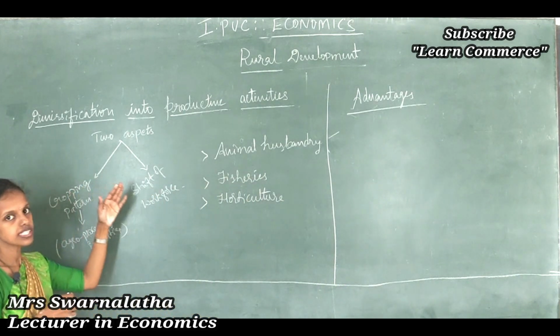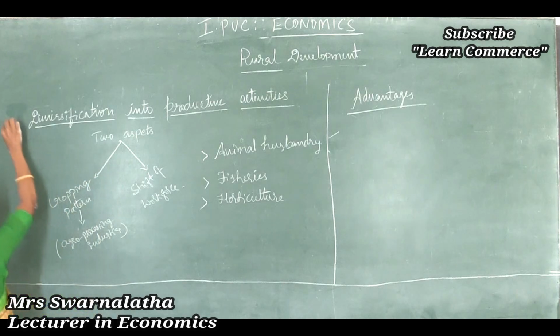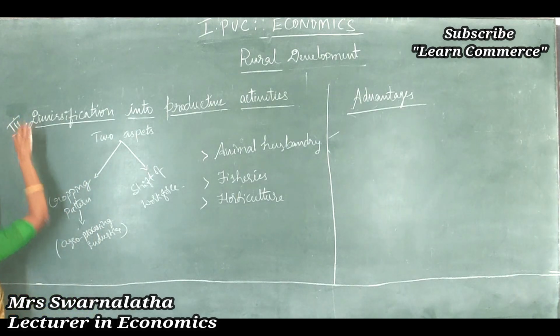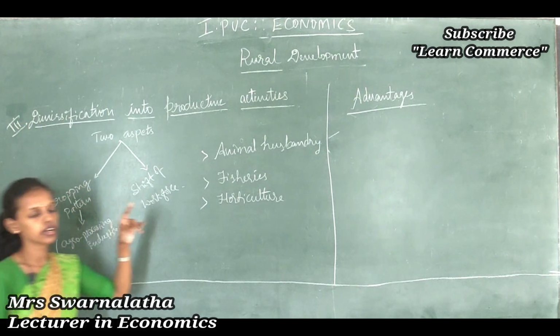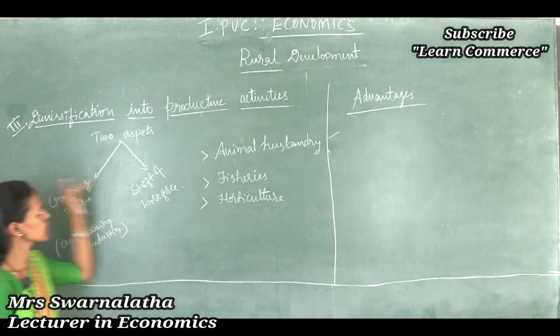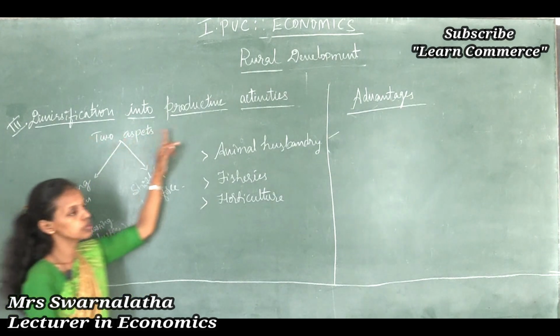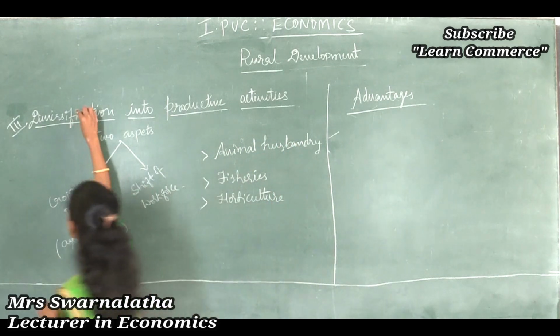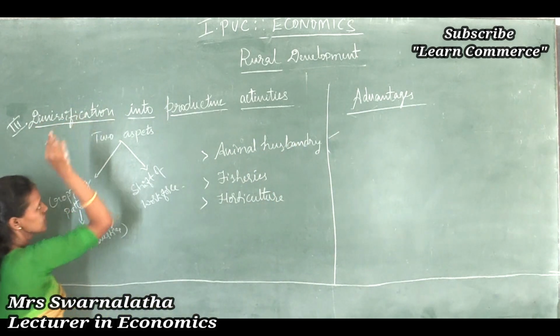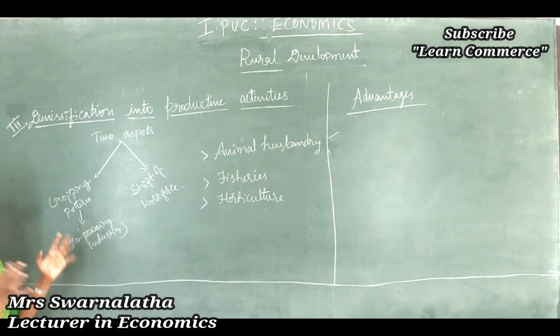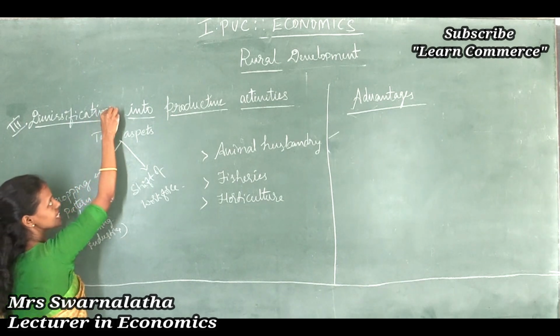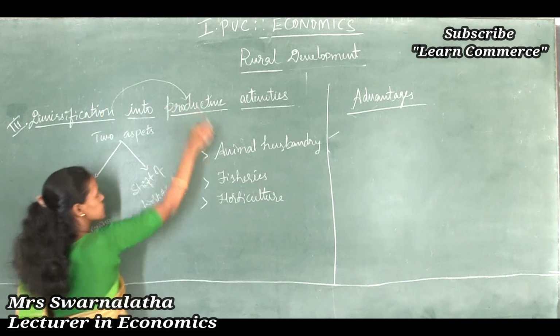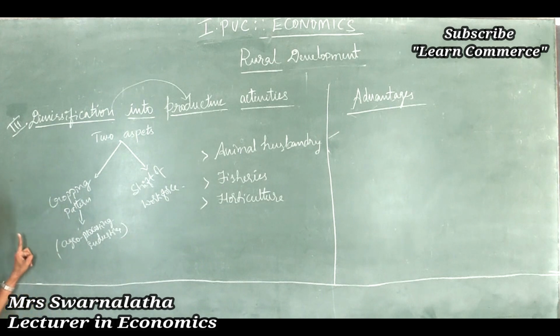Next we are going to discuss the third main topic in rural development, that is diversification into productive activities. By the name itself we came to know diversification means diversifying the agricultural activities into commercial activities, diversification of basic agricultural activity into productive activities.